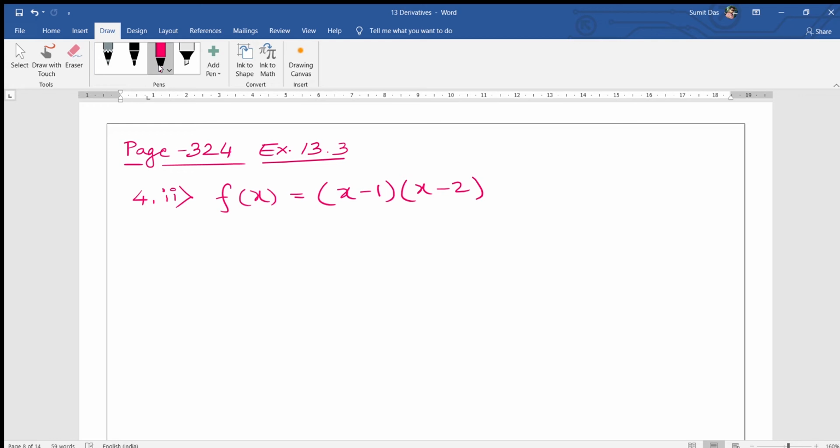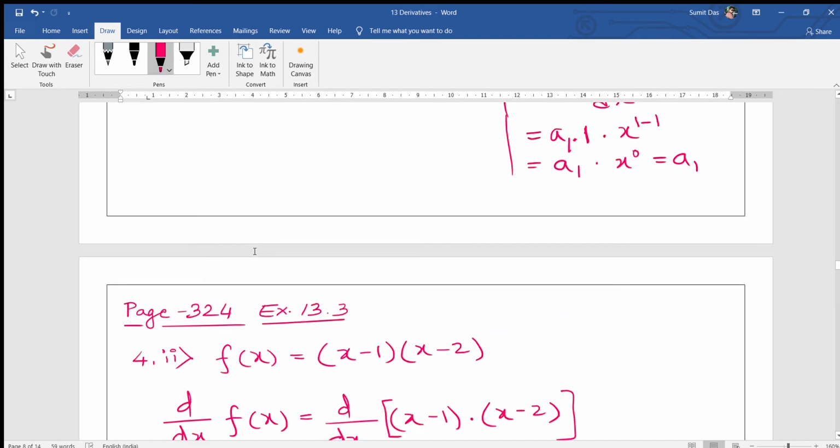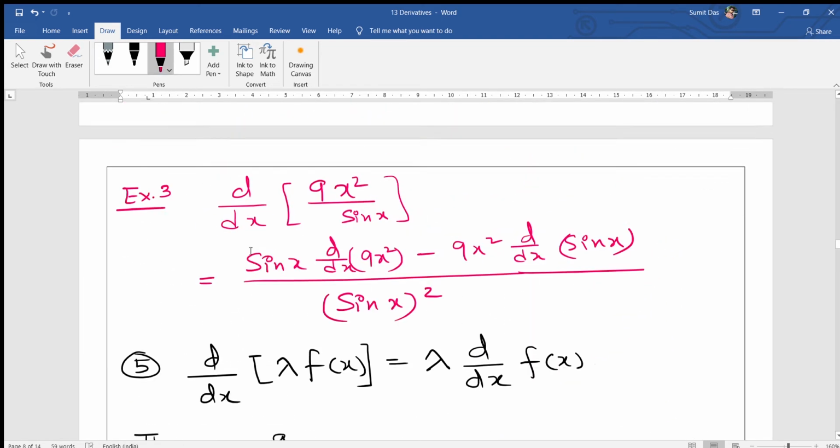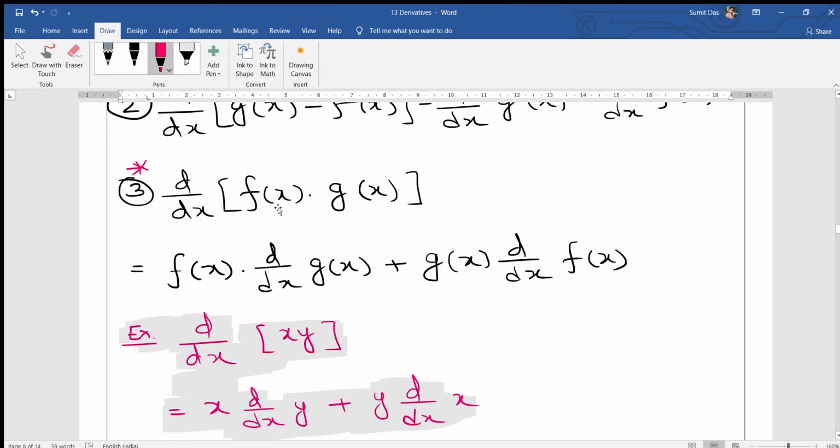You can use the other way also. Derivative of f(x), that means derivative of (x minus 1) into (x minus 2). Check the formula again. What is the formula? d/dx of f(x) into g(x): first function outside and derivative of the second, plus second function into derivative of the first function.